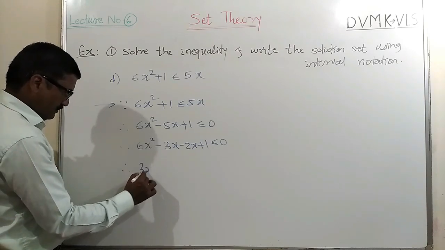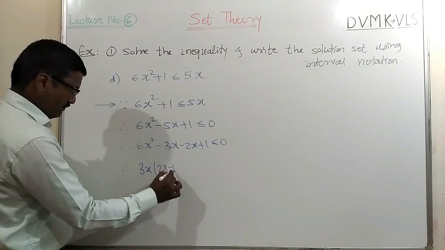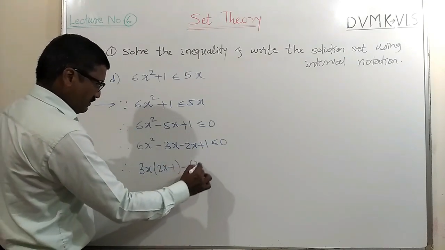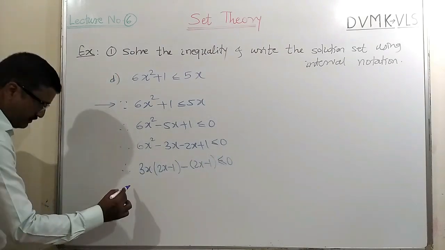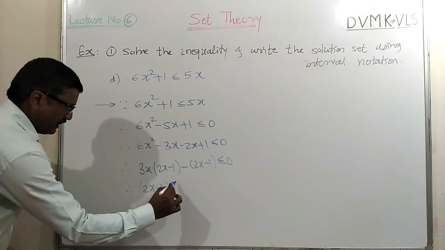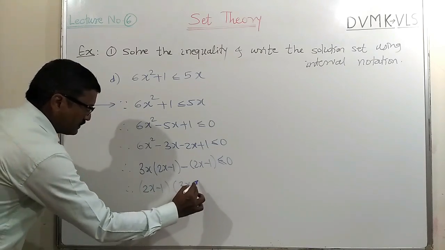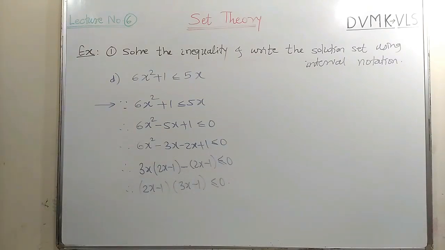Therefore, taking common 3x, we get 2x minus 1. Taking negative sign, we get 2x minus 1, which is less than or equal to 0. So the factors are 2x minus 1 and 3x minus 1 less than or equal to 0.